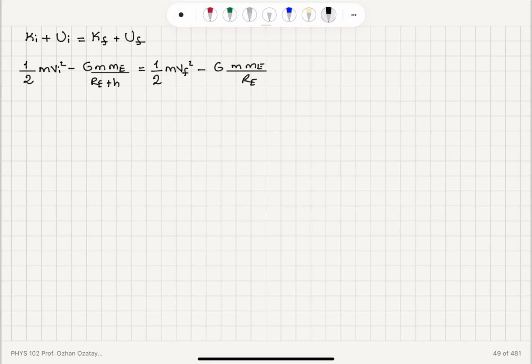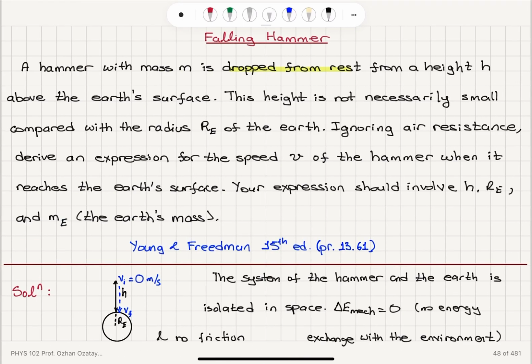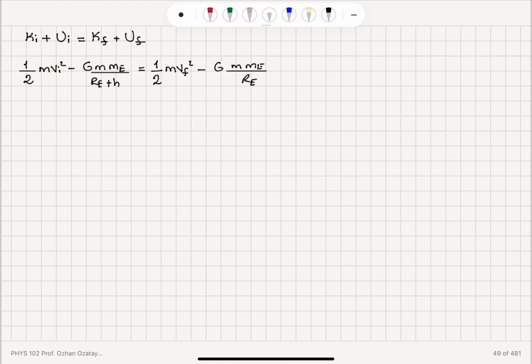Now, notice that for the initial and final kinetic energy of the Earth, I don't write anything. So I'm assuming that the kinetic energy of the Earth is 0 or it doesn't change. So delta K for Earth is 0. And also it was dropped from rest, so the initial kinetic energy of this mass was 0.